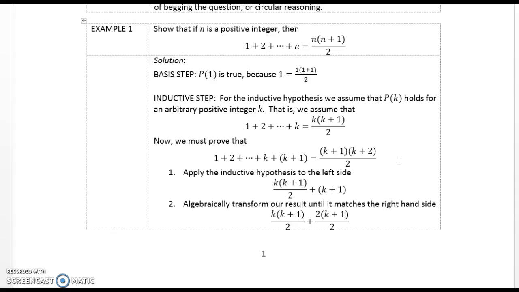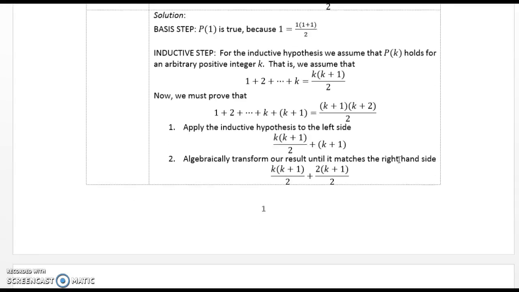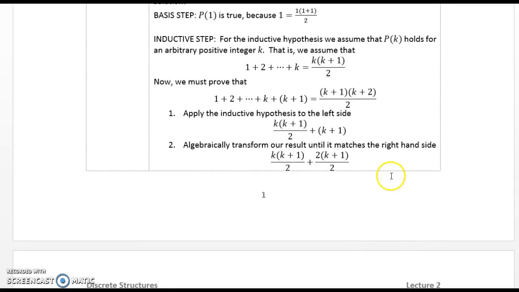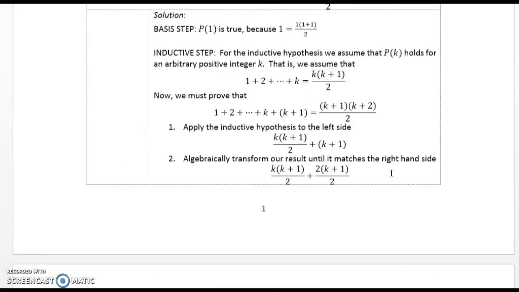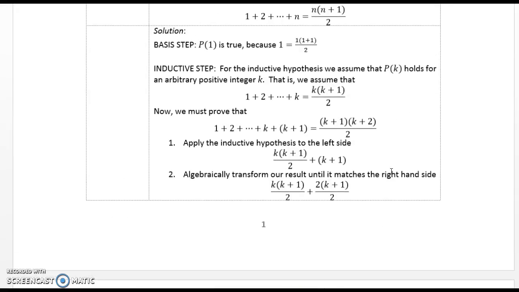So we apply the inductive hypothesis to the left side, and we take the first k integers and replace them with our sum, k times k plus 1 over 2, and we have k plus 1 for the k plus 1 integers. Then we algebraically transform our result until it matches the right-hand side. I want you to note what we did in the inductive step.